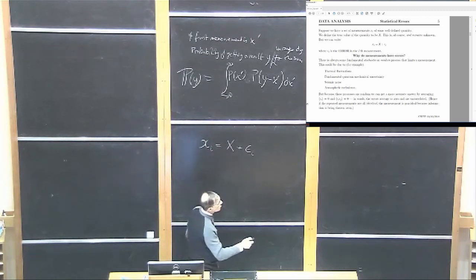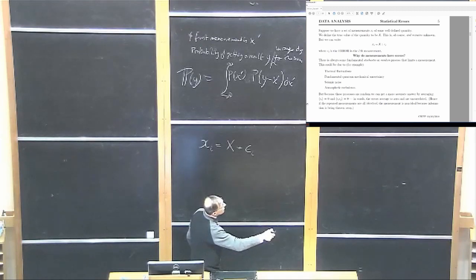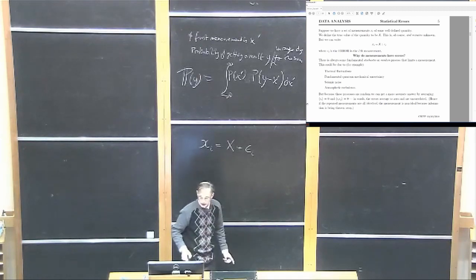And so random requires, at the very least, that the average is 0 and that these correlations between different values are 0.